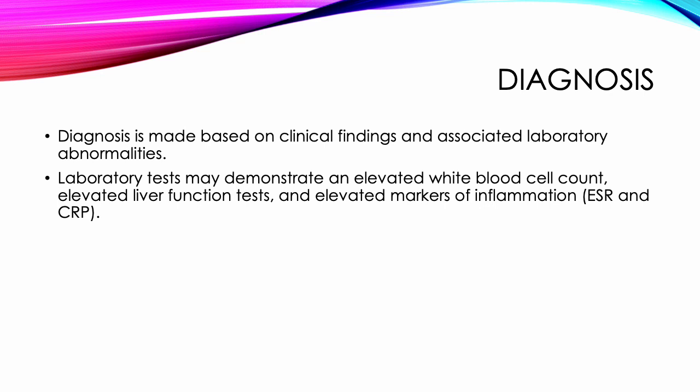So like you'd expect, there would be an elevated white count. There'd also be elevated markers of inflammation, which include ESR, CRP, and it's important to know that the platelets also increase. So thrombocytosis is expected, and we're going to talk about that in the treatment section here in a moment.